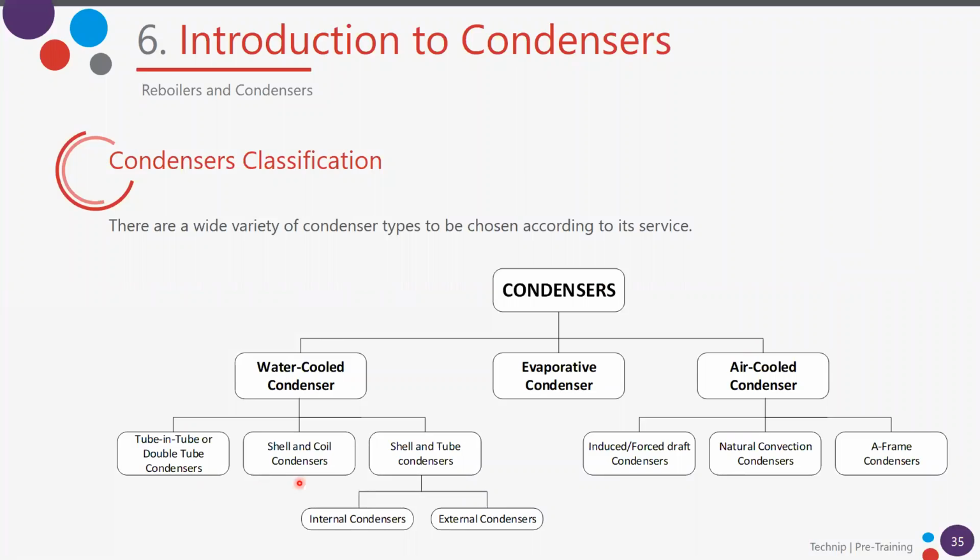We can also have shell and coil condensers, and also the shell and tube condensers, split into internal condensers and external condensers. We also have the evaporative condenser and the air-cooled condenser, where we can have induced and forced draft, natural, or A-frame. Actually, all of these exchangers we already talked about in our first session regarding the heat exchangers online session.